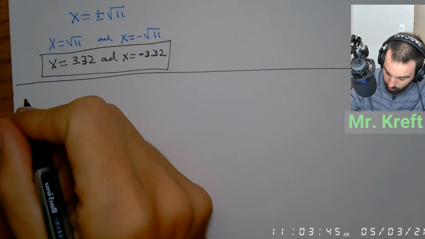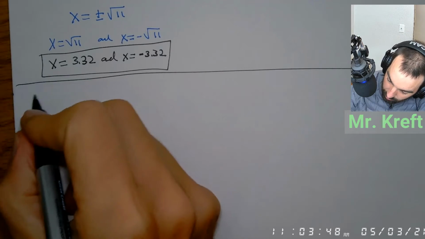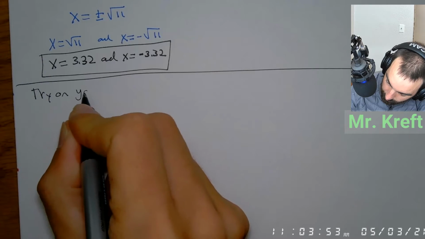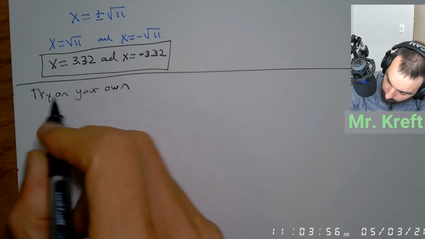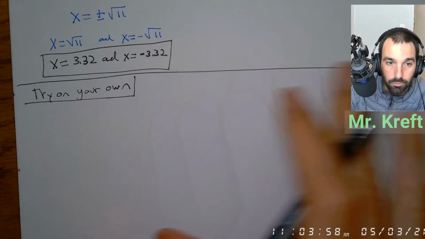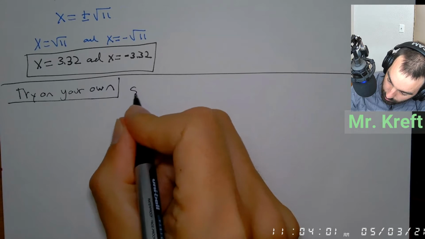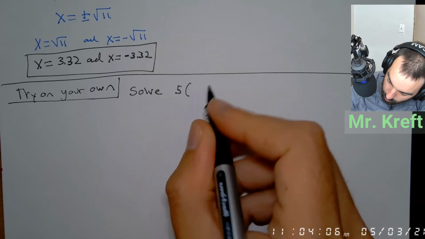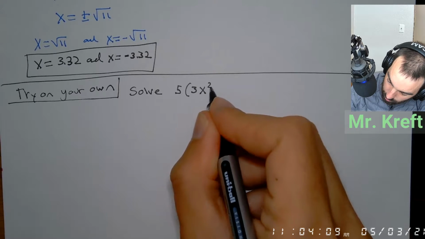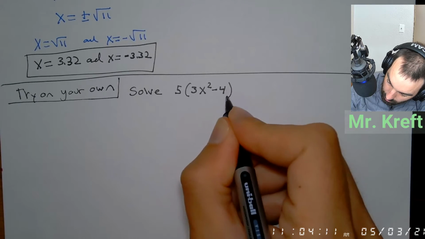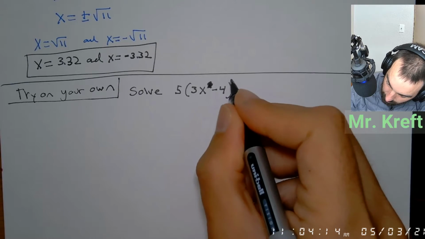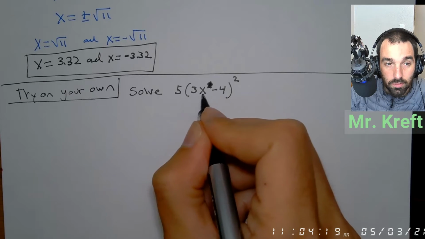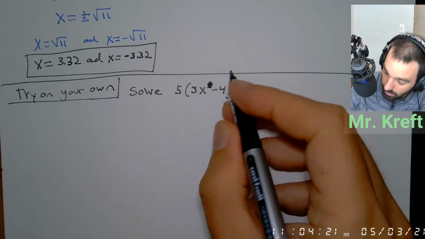Okay, so I'm going to make up a couple other problems for us. So this is another try on your own. Okay, so for this one, you guys are going to solve 5 times the quantity of 3x minus 4, and then all of that squared.